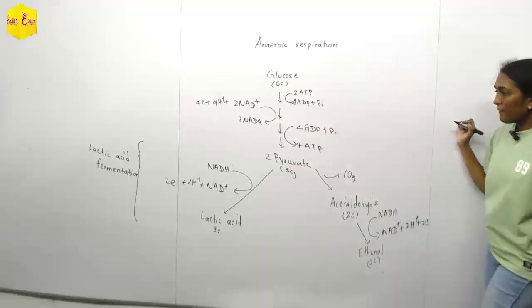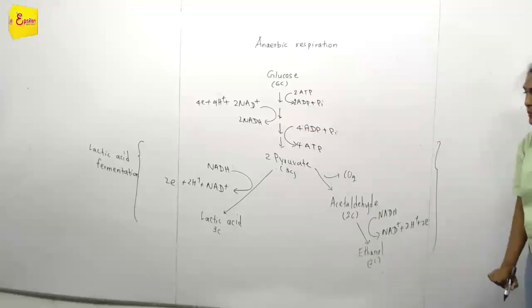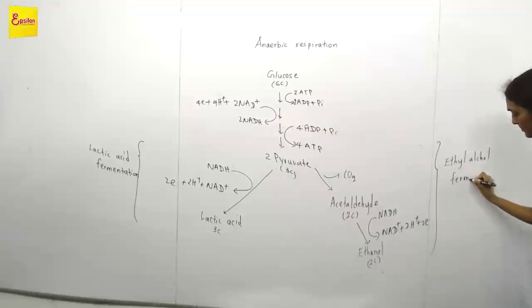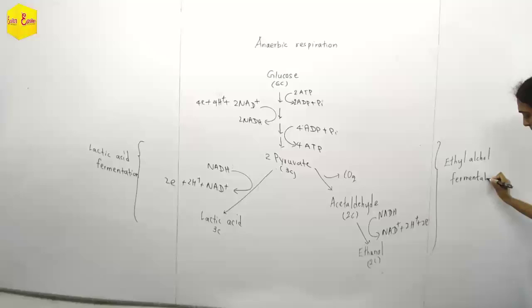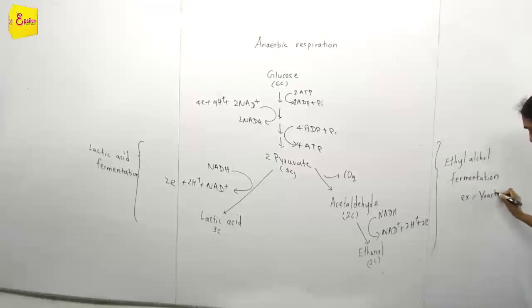So what is the name for this pathway? This we call ethyl alcohol fermentation. Not ethanol fermentation, ethyl alcohol fermentation. Understood? Ethyl alcohol fermentation is usually happening in fungi like yeast and some bacteria.